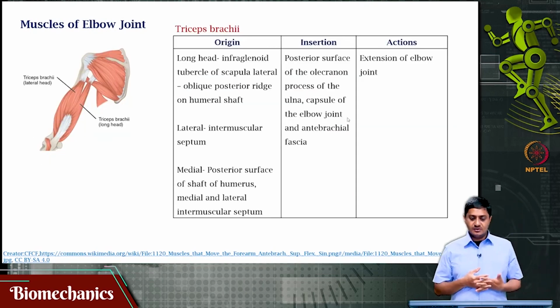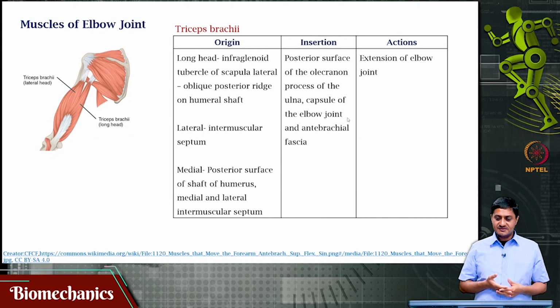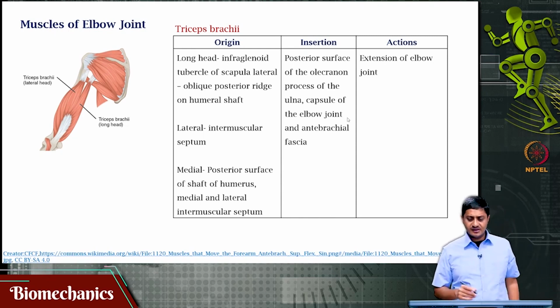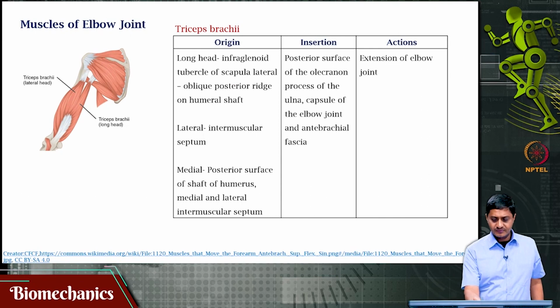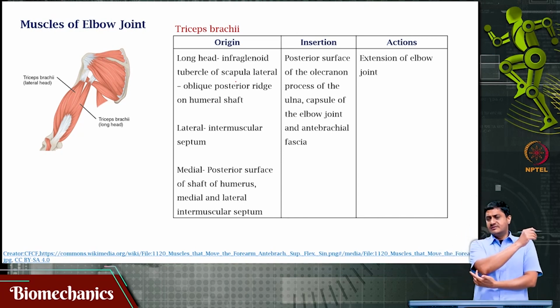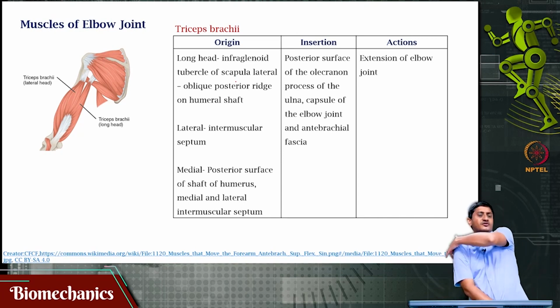So, then you have the triceps brachii, which is a major extensor of the elbow joint. Right. Its long head is on the infraglenoid tubercle of the scapula and on the posterior side, right. So, on the posterior side means here, closer to here.